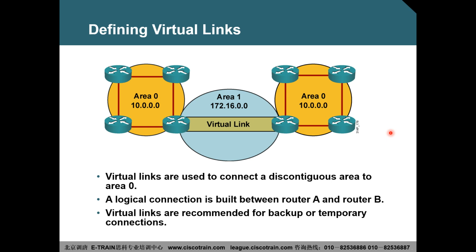For some reason area 0 is scattered, which is not correct. For an autonomous system, there should be only one area 0. Only then is it called an autonomous system. If you take one country, you cannot have multiple capitals. There should be only one capital.